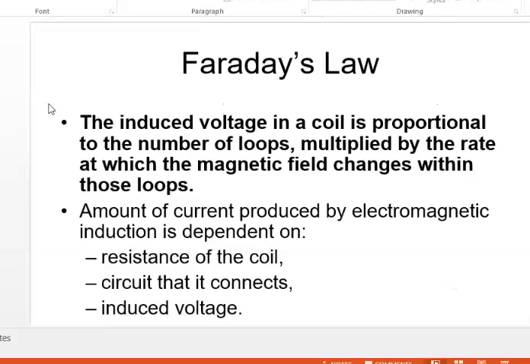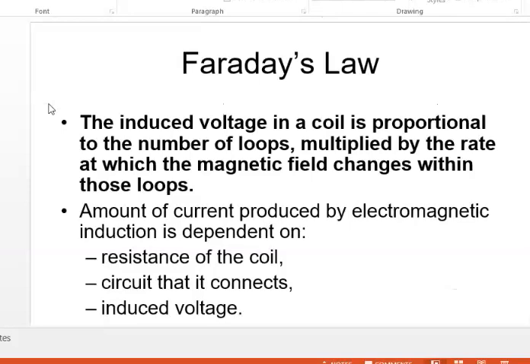You can bifurcate this law. You can say that the amount of voltage produced in the coil depends on two factors. First one is, it depends on the number of loops, that is, it is directly proportional to the number of turns of the coil.